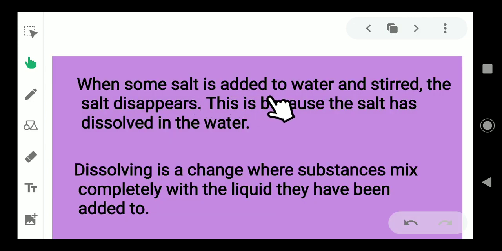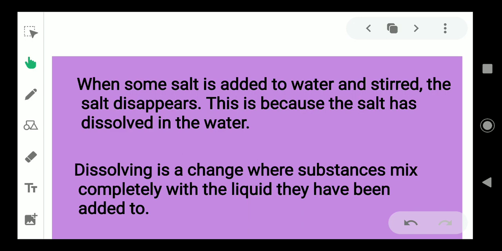When some salt is added to water and stirred, the salt disappears. Everybody might have experienced this in their daily life. This is because the salt becomes dissolved in the water. The salt is dissolved, so we can't see the salt or sugar again. What is dissolving? Dissolving is a change where substances, either salt or sugar, etc., mix completely with the liquid they have been added to.